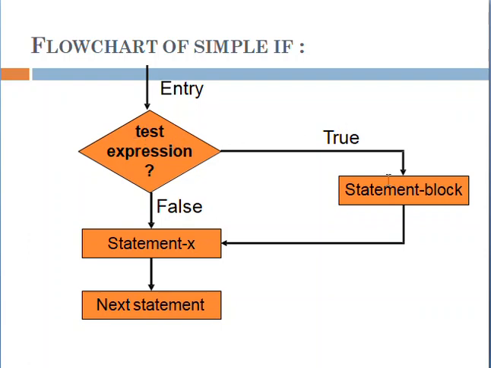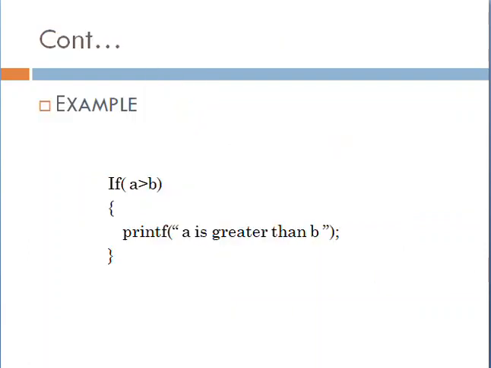If it is true, then the statement block is executed, and if it is false, the flow goes to the bottom. For example, if A greater than B, then we know A is greater than B, so it prints A is greater than B.